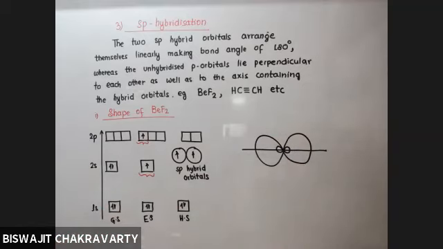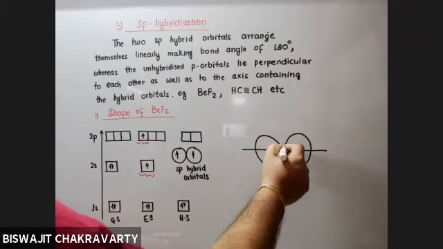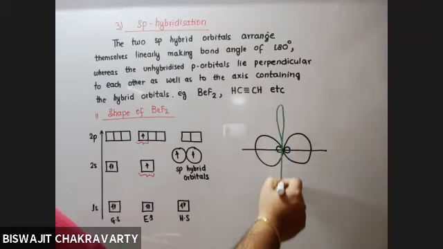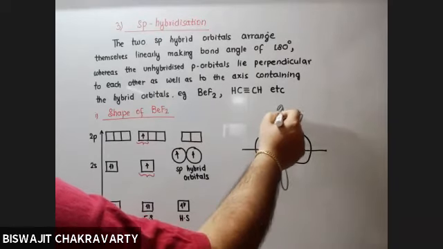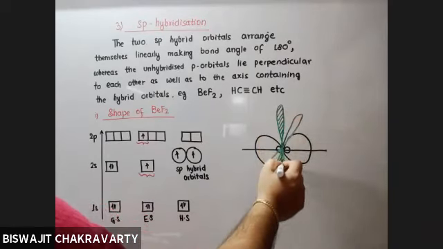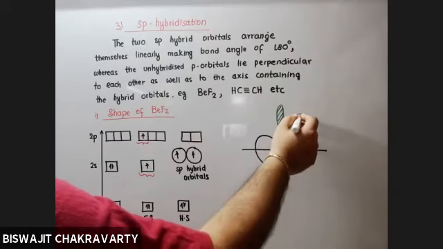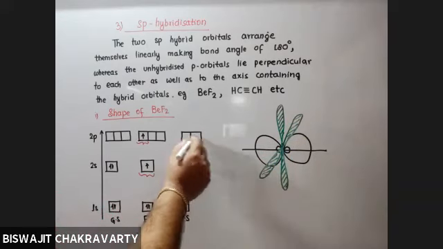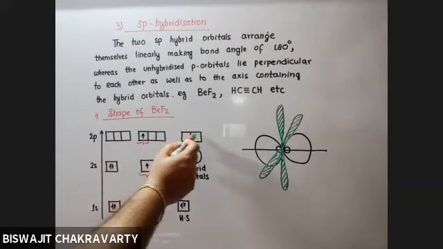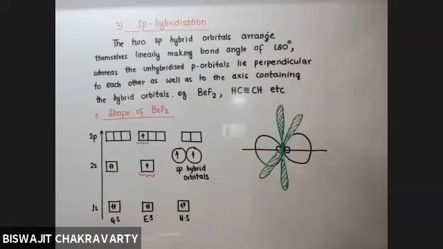And the unhybridized p orbitals in case of beryllium will be of no use. So we can shade them off. Why are they of no use? In case of beryllium, why are these two unhybridized p orbitals of no use?